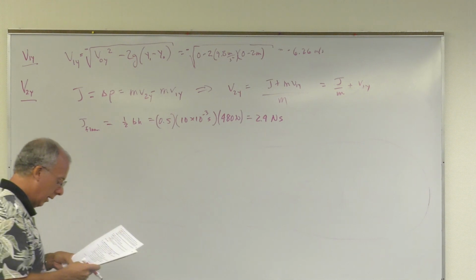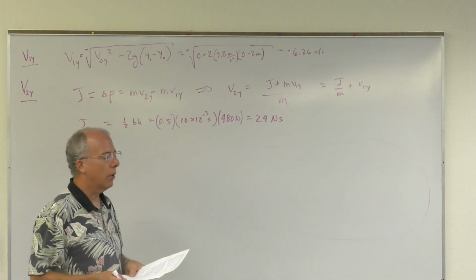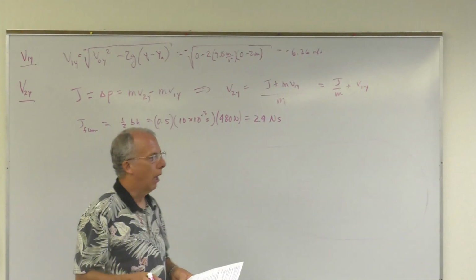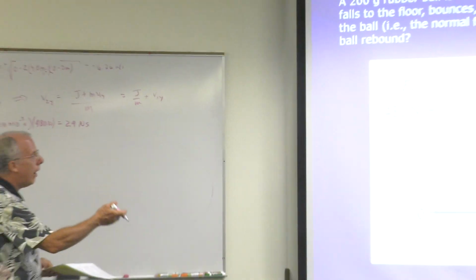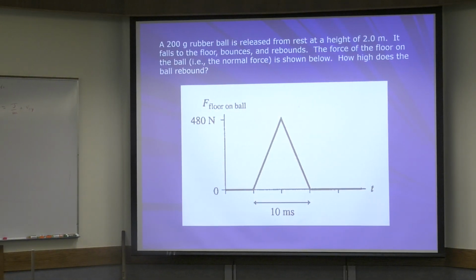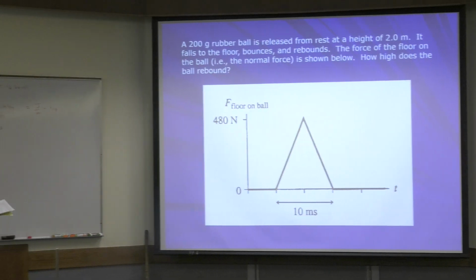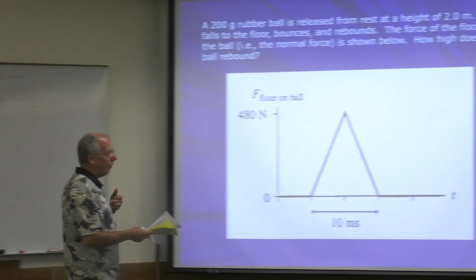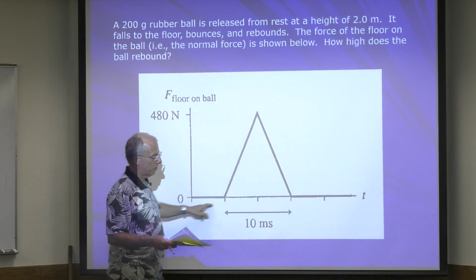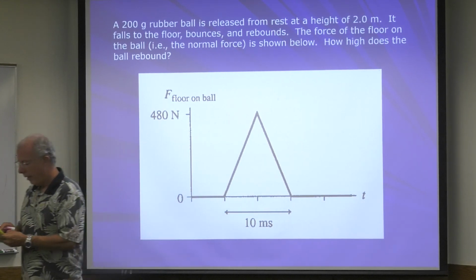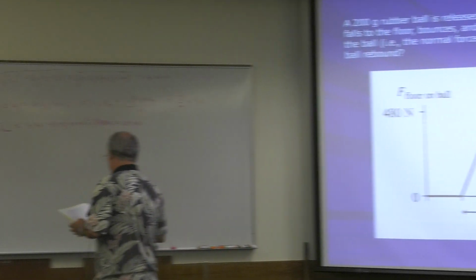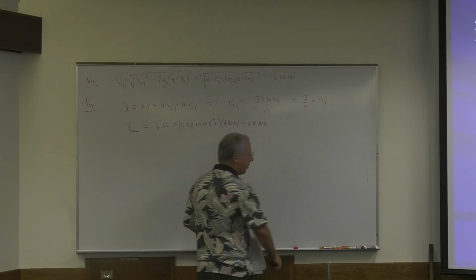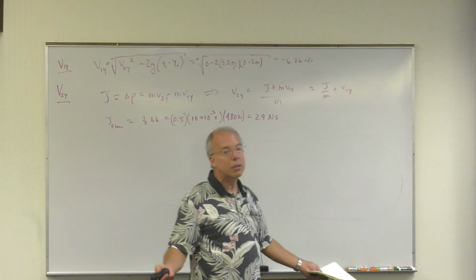Now, what's the impulse for gravity? I don't know. I mean, they didn't give us the graph. How are we supposed to know? Well, yeah, we do know. We can handle it. But what we have to do is draw our own force versus time graph. Come on. What's so great about the force of gravity? It's constant, right?